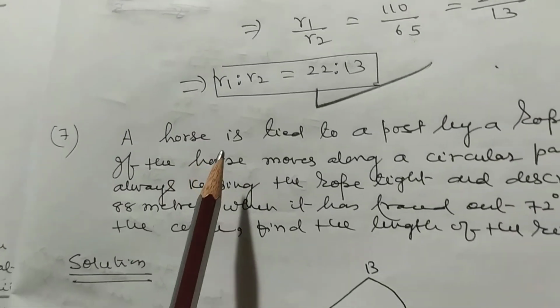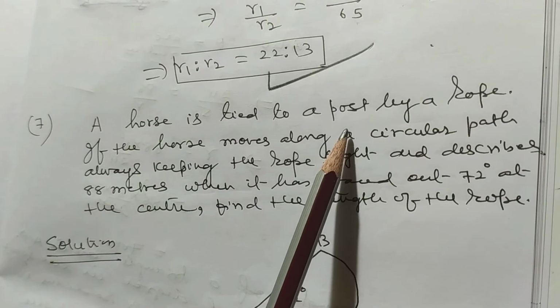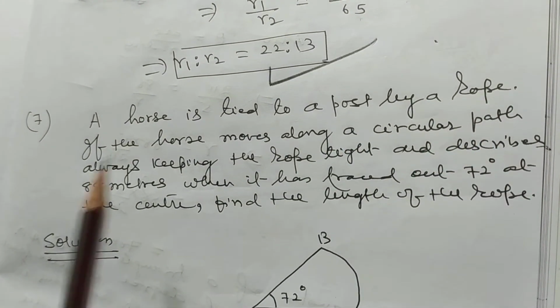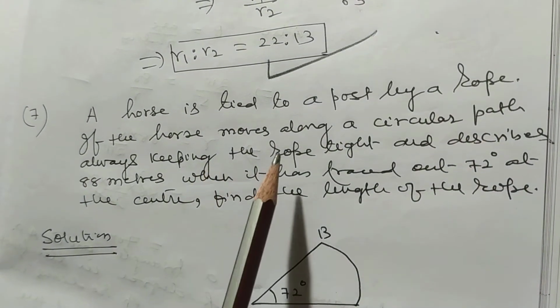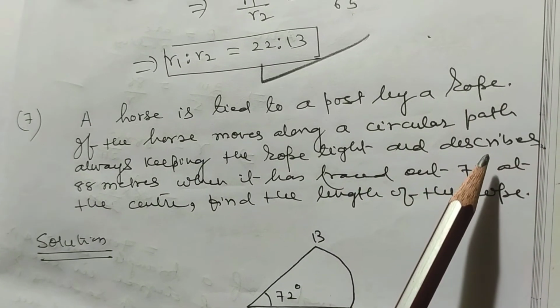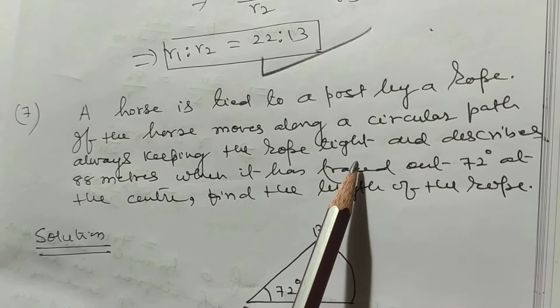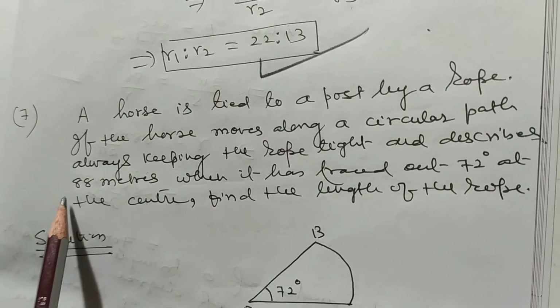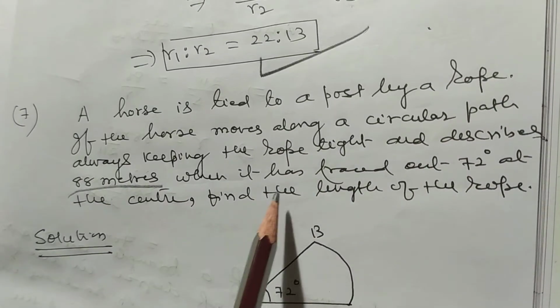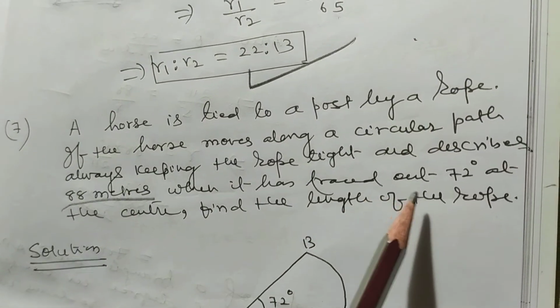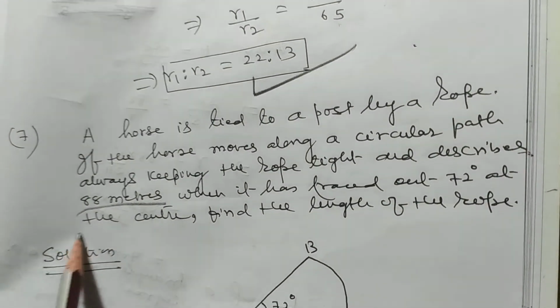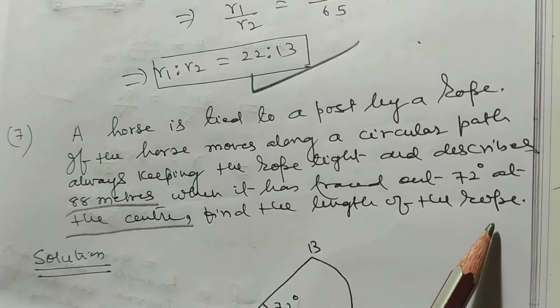A horse is tied to a post by a rope. If the horse moves along a circular path, always keeping the rope tight, and describes 88 meters when it is stretched out 72 degree at the center, find the length of the rope.